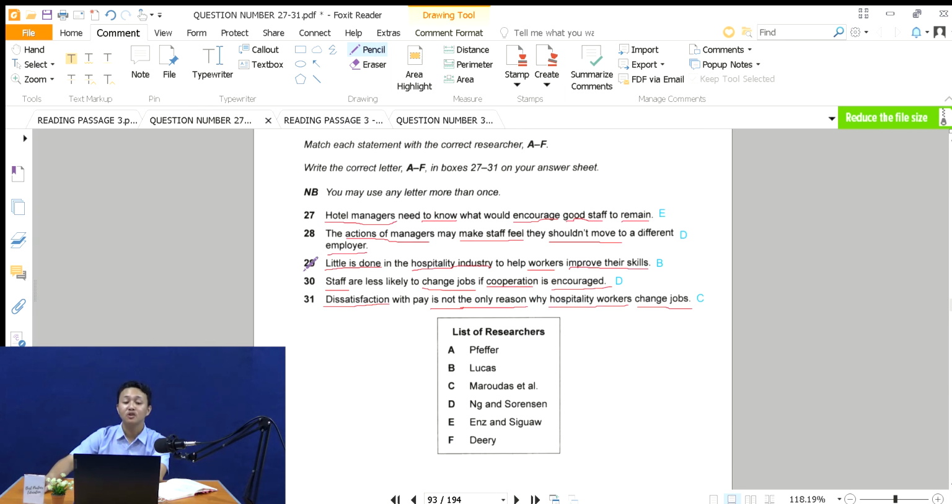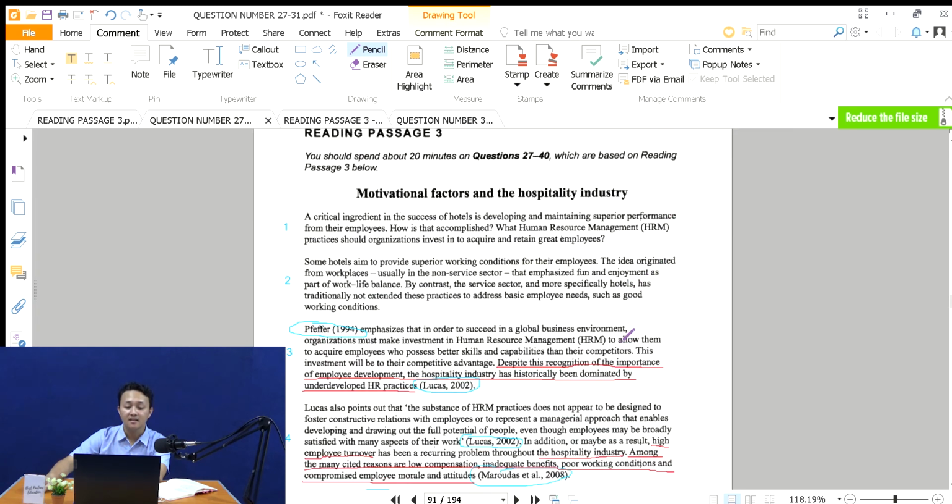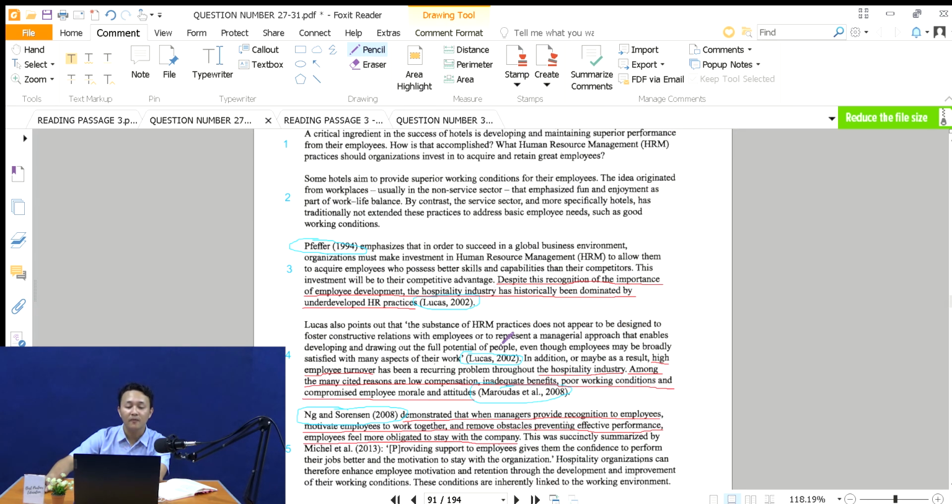Okay, now number 29. Little is done in the hospitality industry to help workers improve their skills, and the answer is B. Now this is the information. You will find it in paragraph 3.